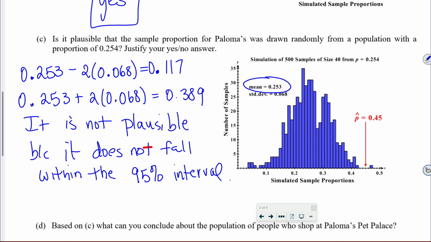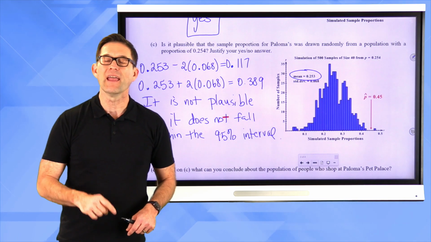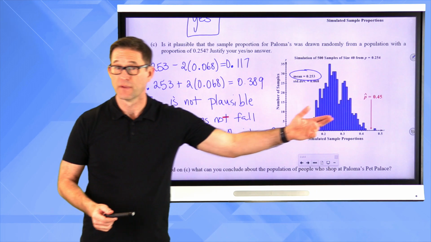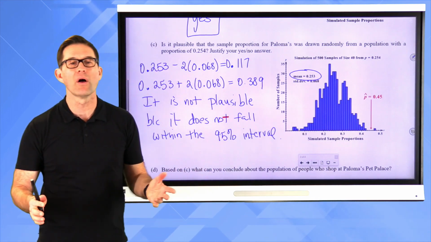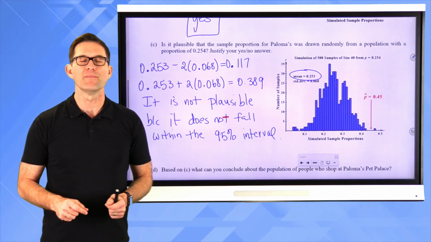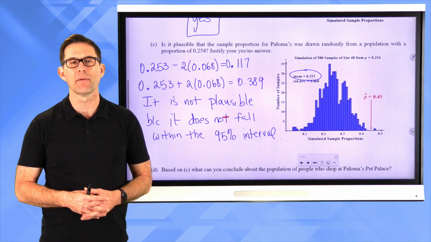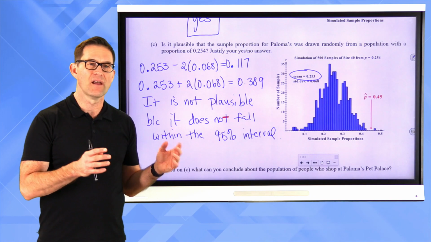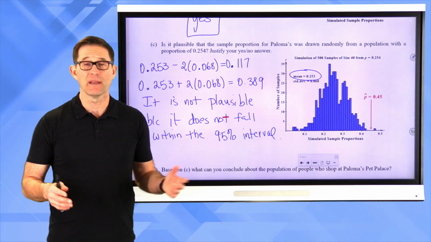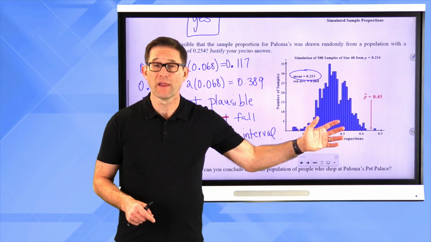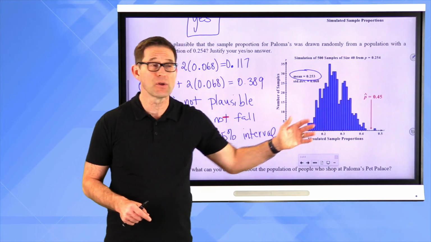Now, if you like a nice turn of phrase, it is possible, but it's not plausible. Or better yet, it's not likely. Statisticians tend to talk about plausibility and non-plausibility. So again, it's definitely possible. We did a ton of these simulations.